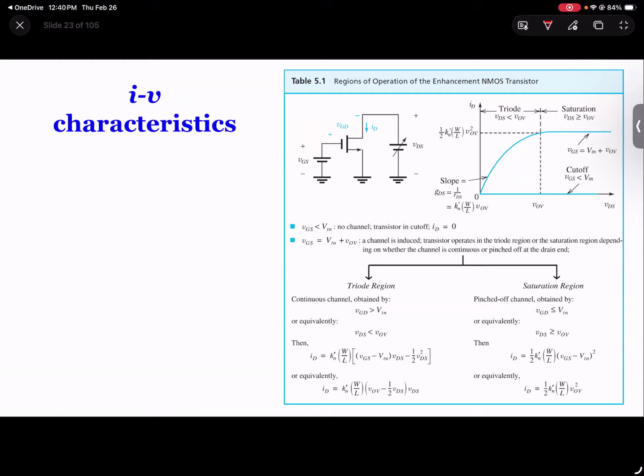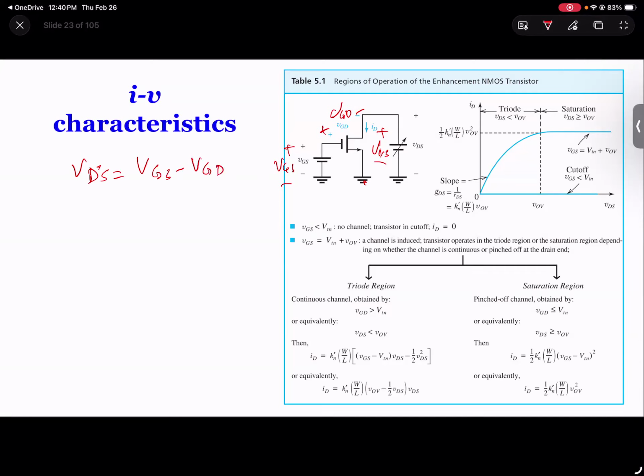So if the source is grounded, from here to here you have VDS, and from here to here you have VGS, right? And from here to here is VGD. So you can see VDS equals VGS minus VGD.